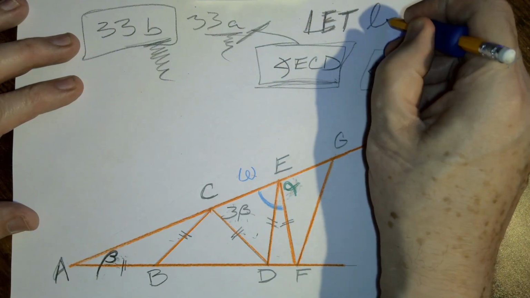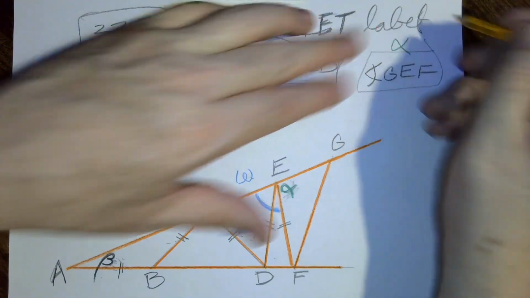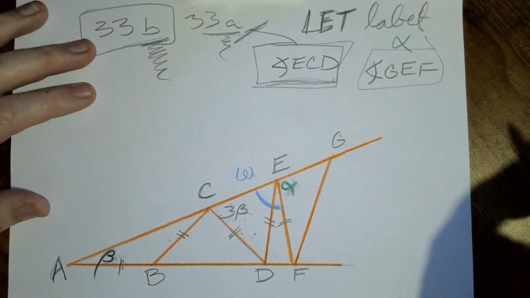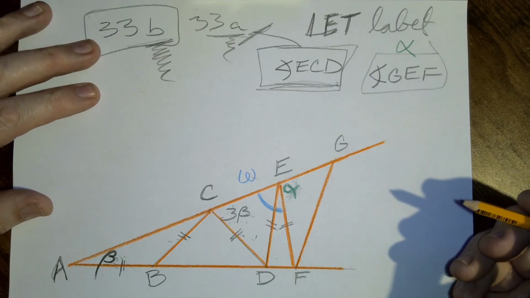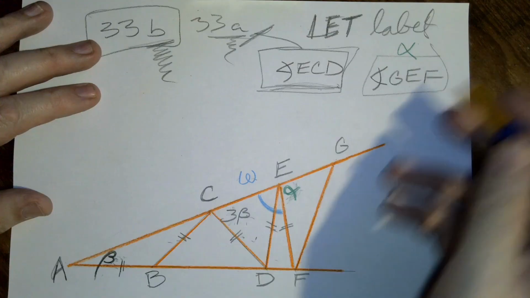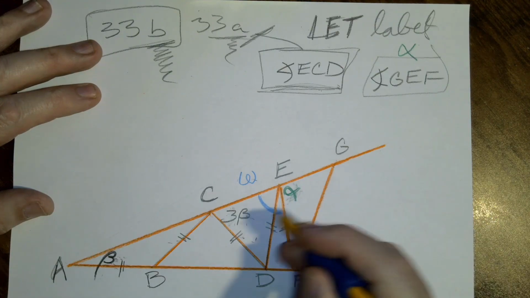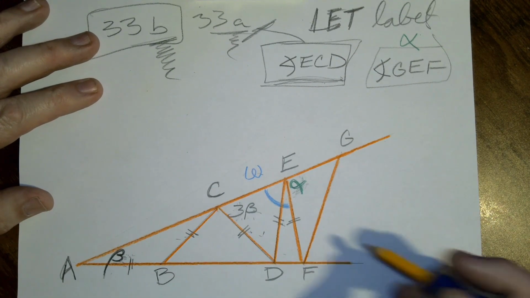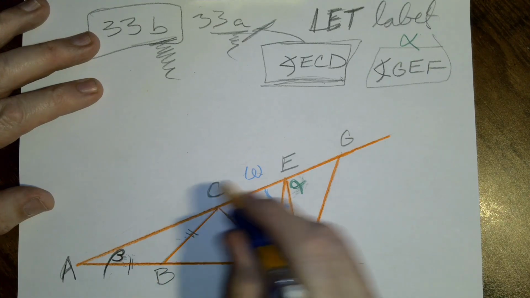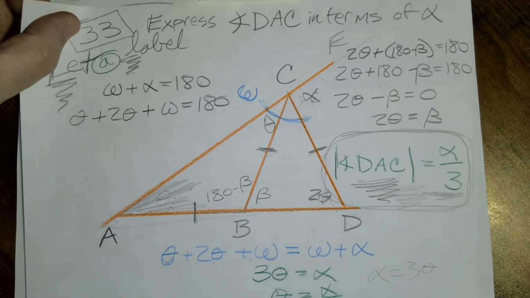And of course, label starts with the same letter as let. Let and label. We're going to label some more angles here. We got to have something more than what we have here already. All right, we're going to do something similar to what we did here in 33A.